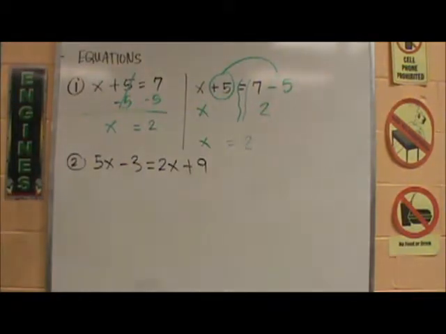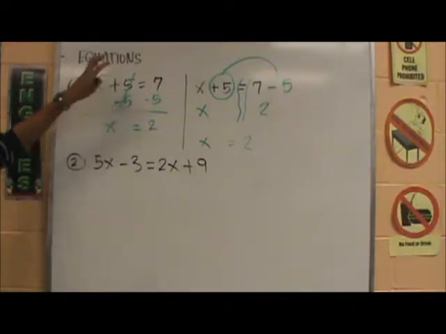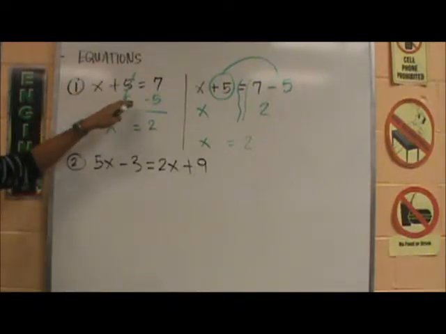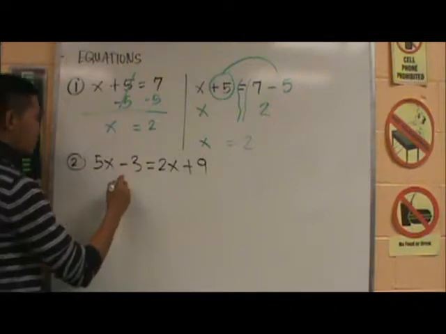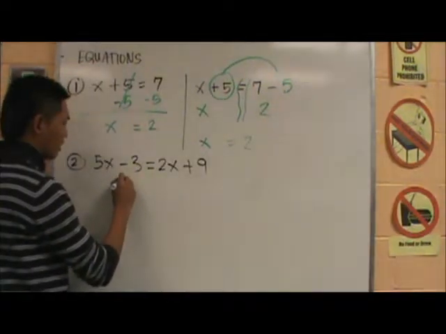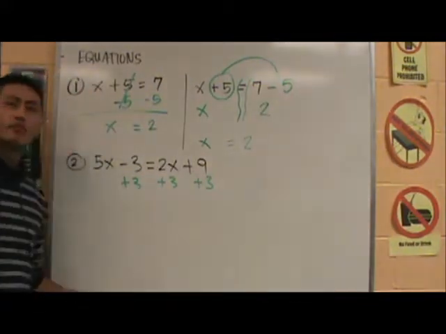Now, the problem here is, in the first example we used plus 5 and subtracted both sides by 5. This time we have a negative, so you might think of doing this: the opposite of negative 3 is plus 3. And I have a problem here.